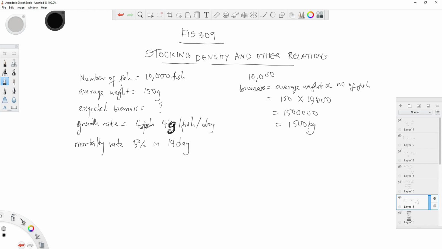Now let's know the amount of weight they would have added after 14 days. This is where we need this growth rate.